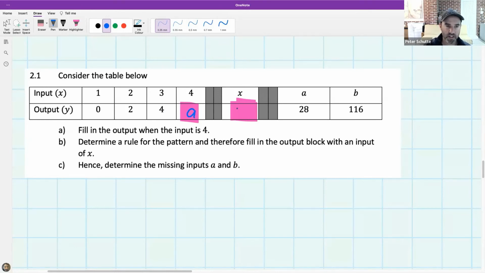Let's not use A, let's just use C. And what is the rule that goes with X? So I want you to work that out. And then we're going to attempt to work out what A and B was.